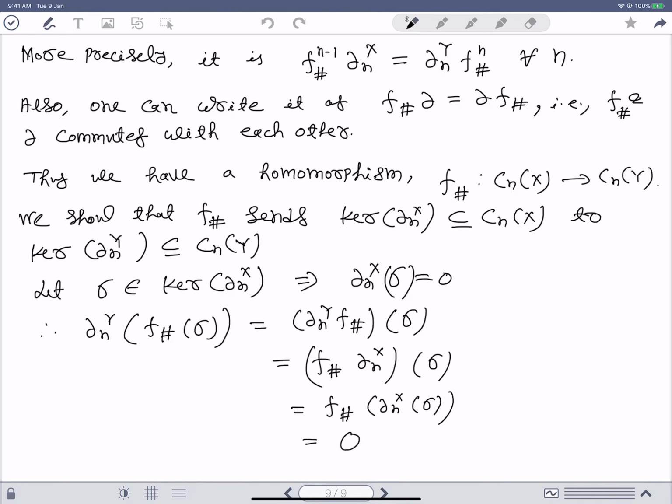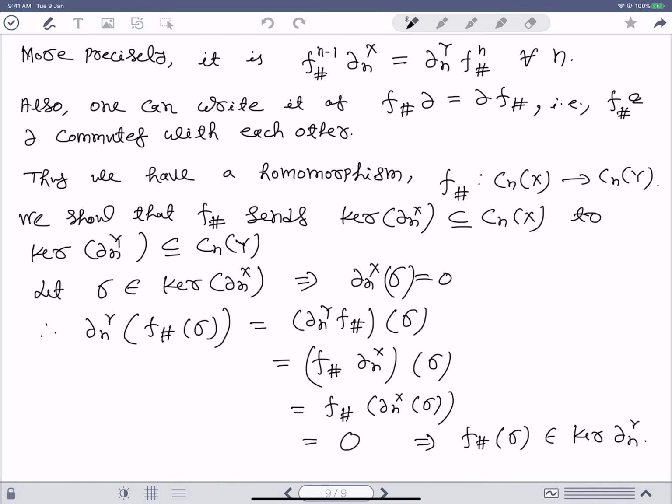So that implies f hat sigma belongs to the kernel of del n y. So if we choose an element from the kernel of del n x, then f hat sends that element to the kernel of del n y.